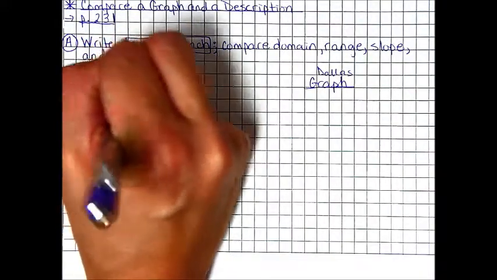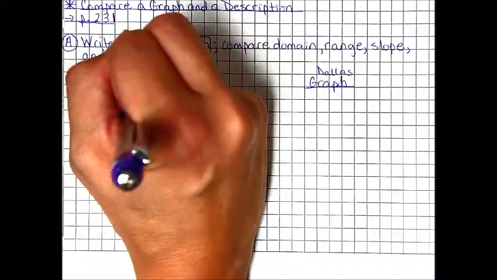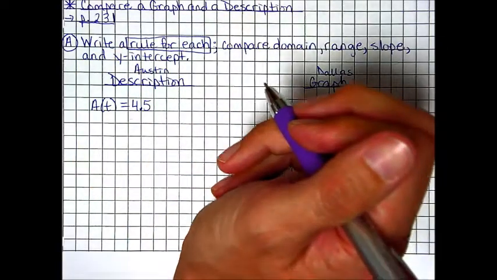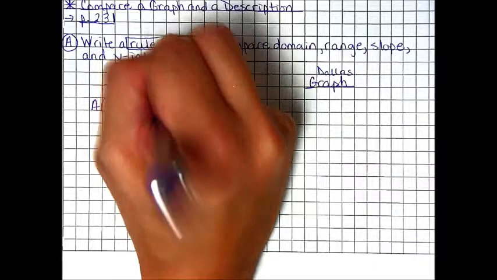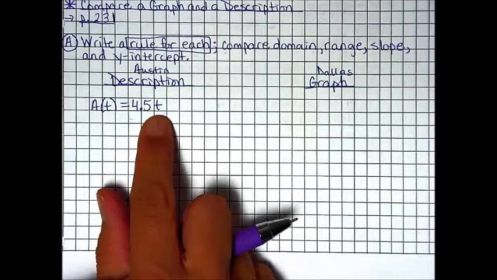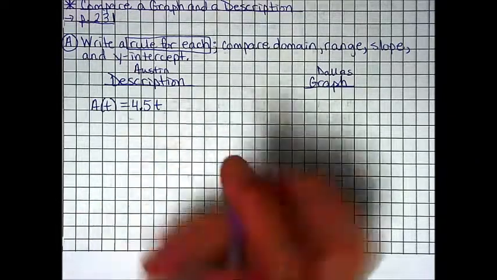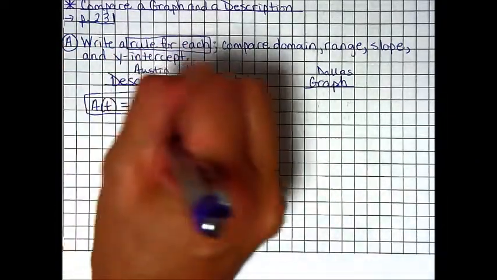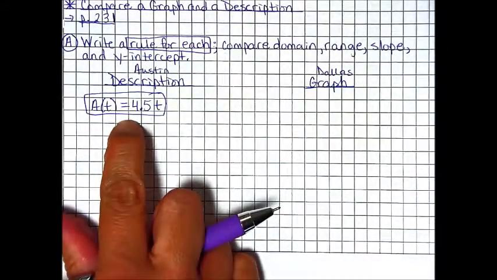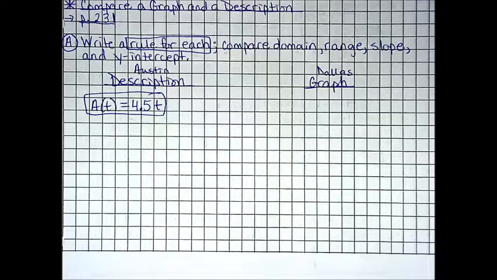A of t equals 4.5 millimeters per hour, that's your t. And then guys, there is no y-intercept. There was nothing that said they already had this much rain, there was no starting point. That's your equation. There you go. Write a rule. Done.